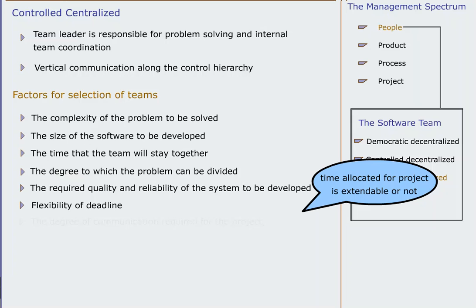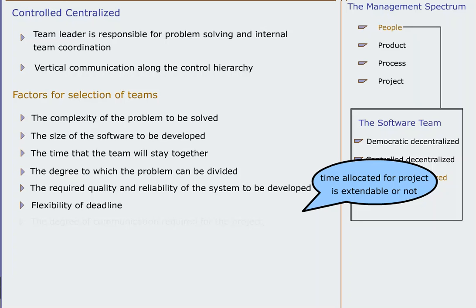For difficult problems, decentralized teams generate better solutions. To achieve a high-performance team, team members must trust one another. The distribution of skills should be such that it adequately solves the problem.